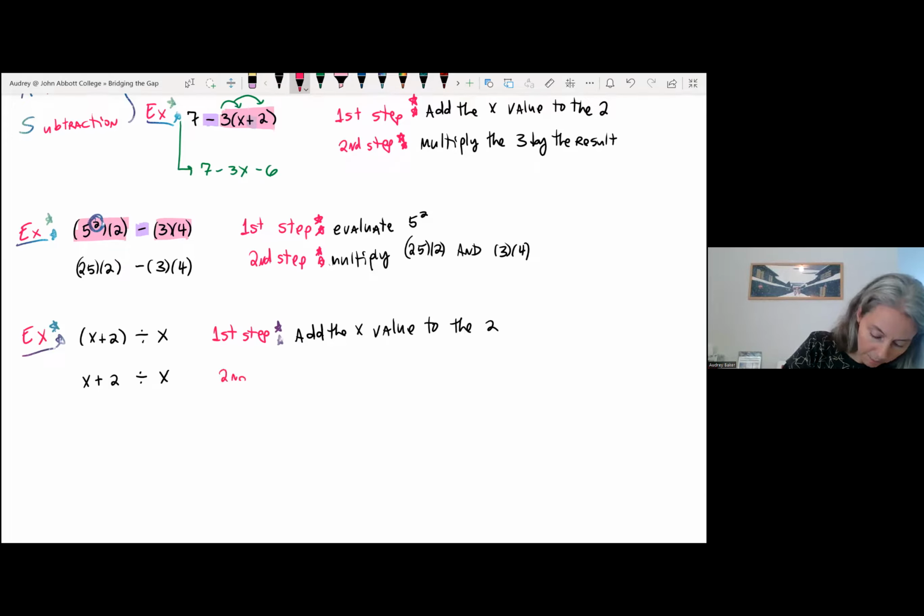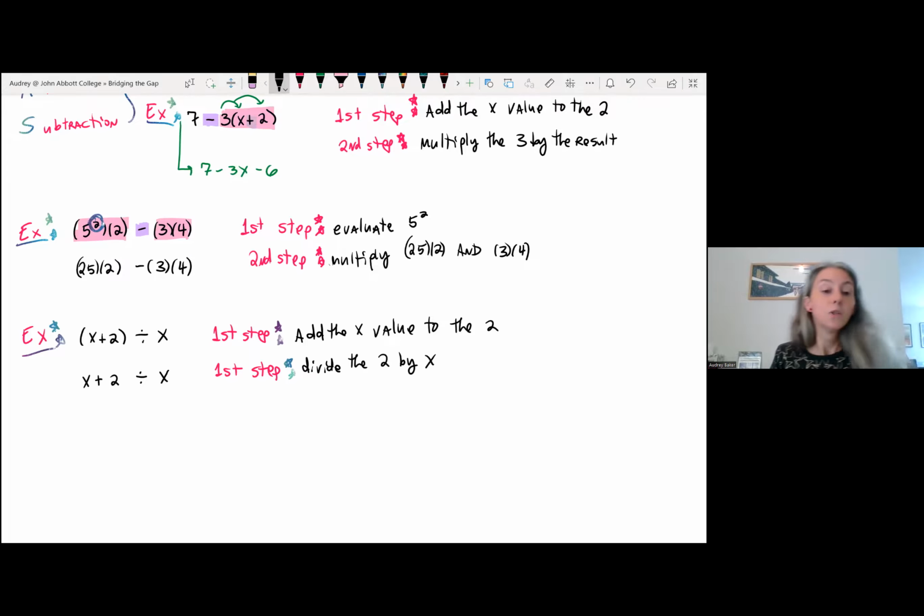My first step in this new thing is to divide the 2 by x. So these are actually two different things that would give me two different values.